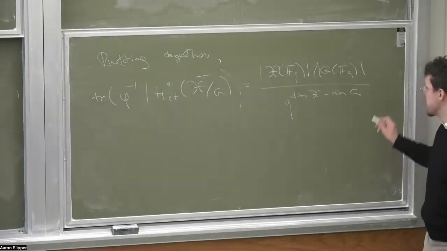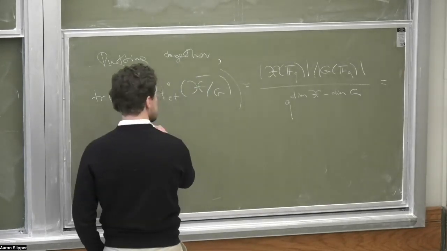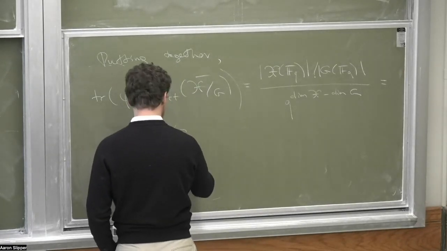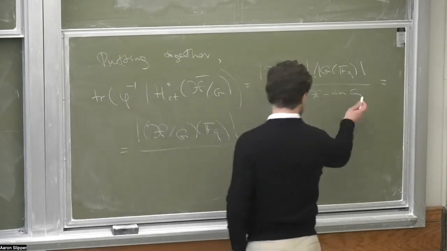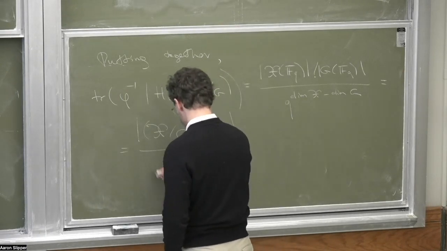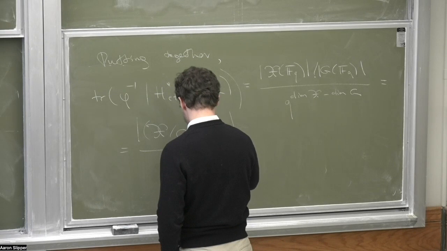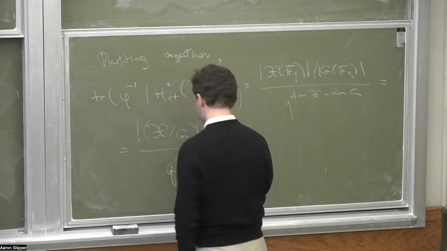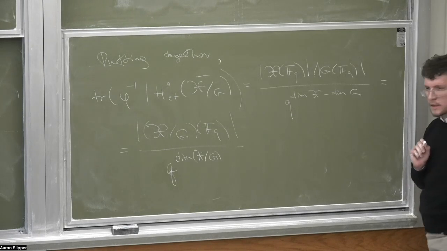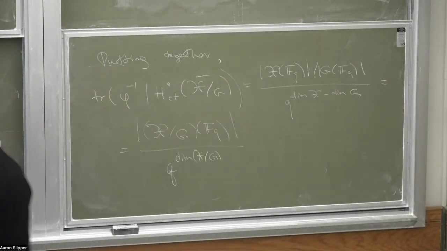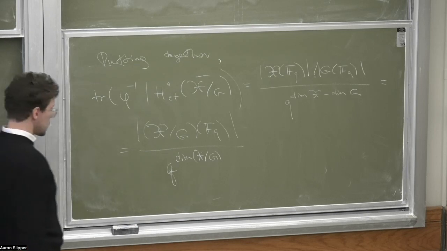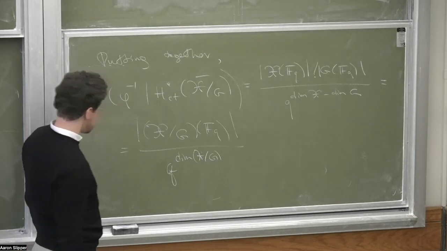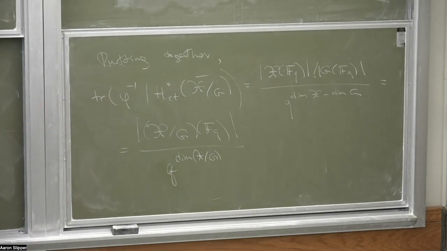But this denominator is the same as the number of points in the stack BG, and this difference of dimensions is the same as the dimension of the quotient. So the upshot is that given some nice smooth stack for which we already know that the Grothendieck-Lefschetz formula holds, and then a smooth affine group action on the stack, the Grothendieck-Lefschetz formula also holds for the quotient stacks.